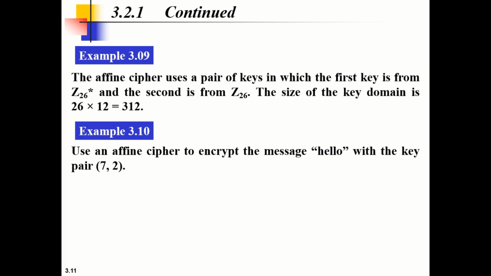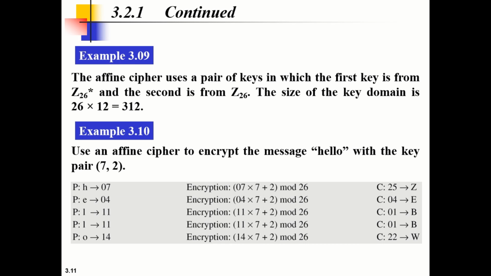Here is the example. You can see that the pair is given and the plain text is given. This is the pair: this is K1 and this is K2. K1 you will use for the multiplicative cipher, and K2 you will use for the additive cipher. For encrypting, we will use the keys and the value of the plain text.